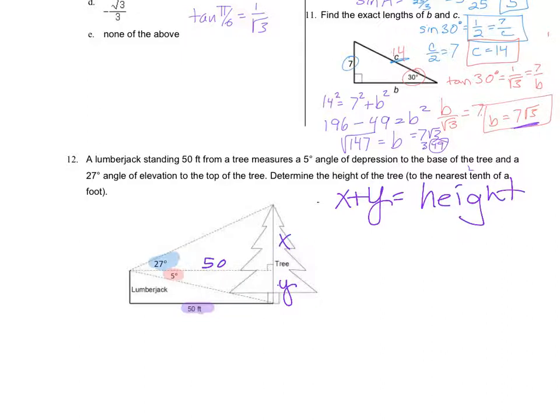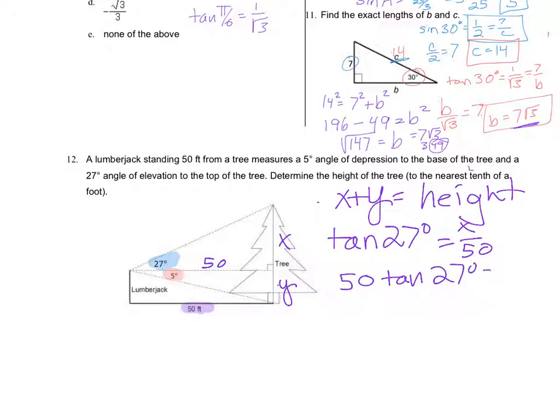Okay, so we have opposite. We're looking for opposite. We have adjacent. That screams tangent to me. So I have that the tan of 27 is equal to x over 50. Well, that means that 50 tan 27 is equal to x. I plug that in my calculator.